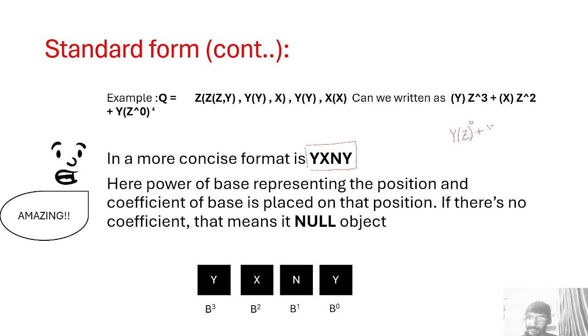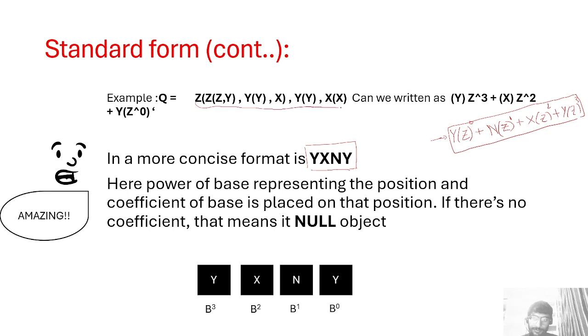And you can add with it the second term. So we have the null object, which should be multiplied with the base, which is z, to the position 1. And in a similar way for the x, and a similar way for the y. So this is the standard form, which can be further represented in this format.